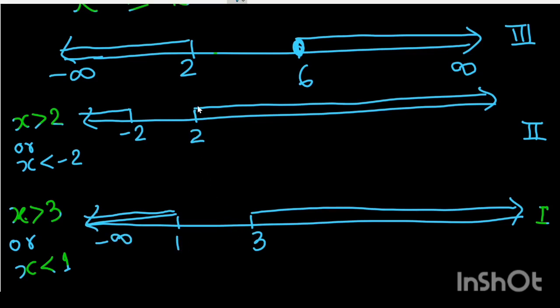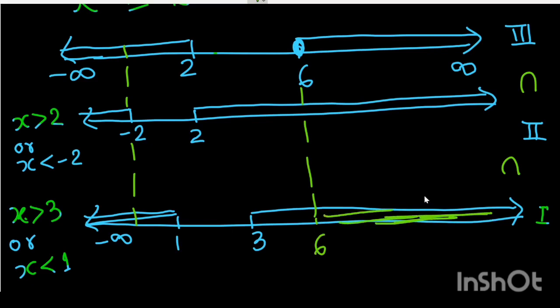Now if you take the intersection, because first intersection, second intersection, third, which is A intersection B intersection C. Okay, so if you see here onwards and here on, after 6, all the three have common solutions, and lesser than minus 2 here as well as here as well as here, they have common solution.